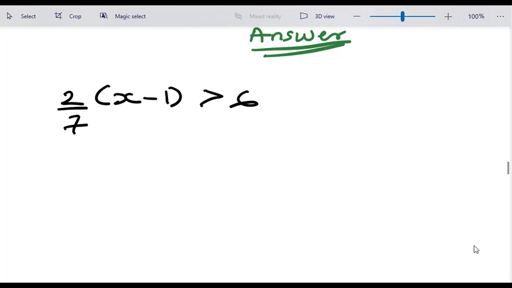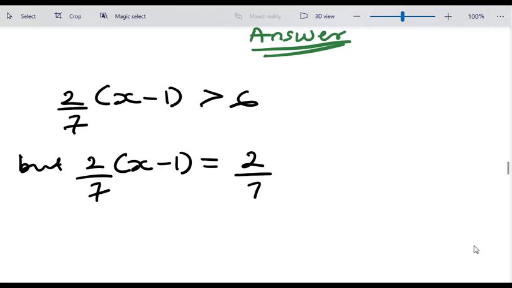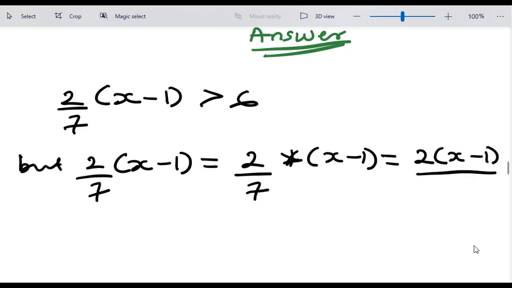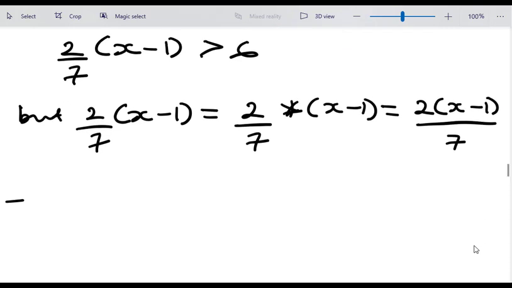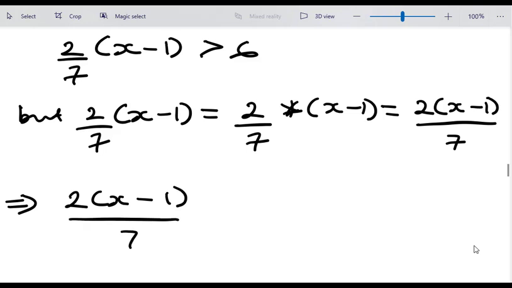So this 2 over 7 in bracket x minus 1 is the same as saying 2 over 7 multiplied by x minus 1, which is the same as saying 2 in bracket x minus 1 divided by 7. So in place of this, we bring down this to replace it. So we have 2 in bracket x minus 1 over 7 is greater than 6.